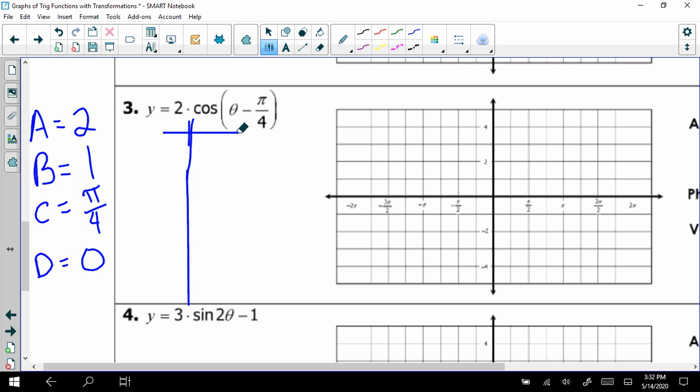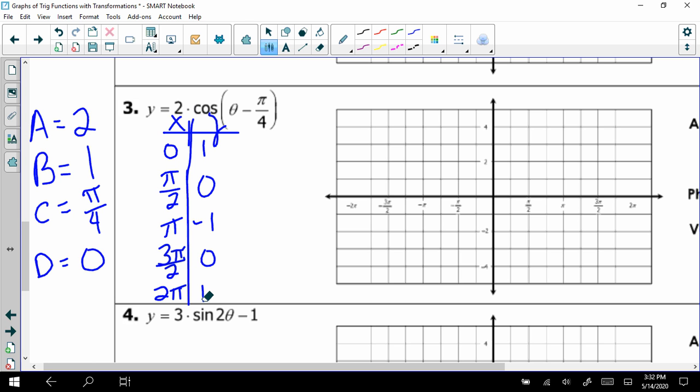Starting with my quadrantal, so 0, pi over 2, pi, 3 pi over 2, 2 pi. Cosine starts at 1, then goes to 0 to negative 1, back to 0, back to 1.